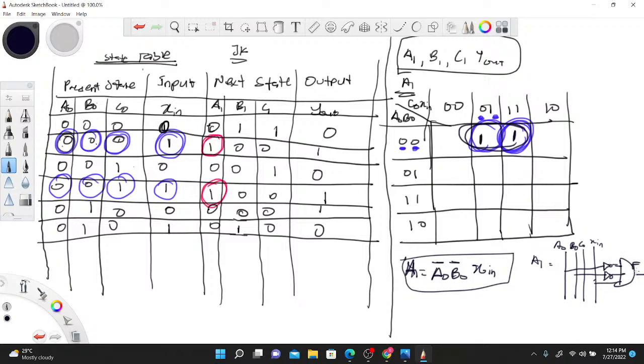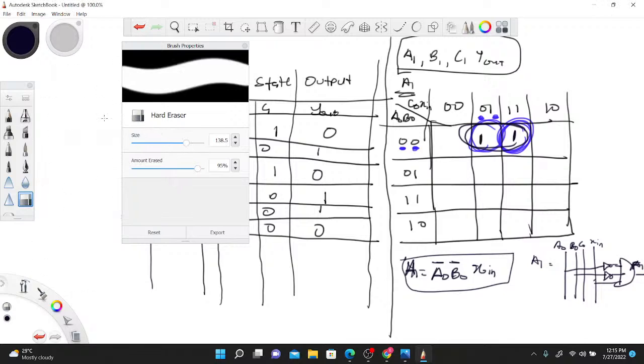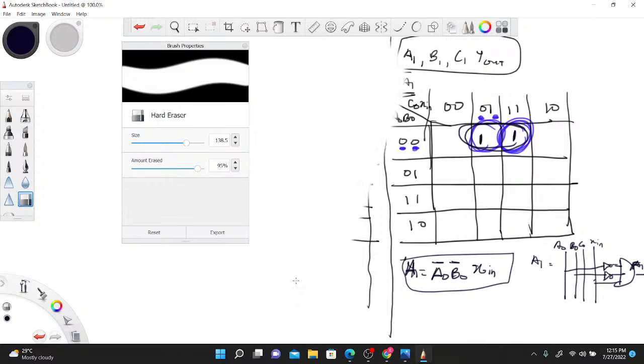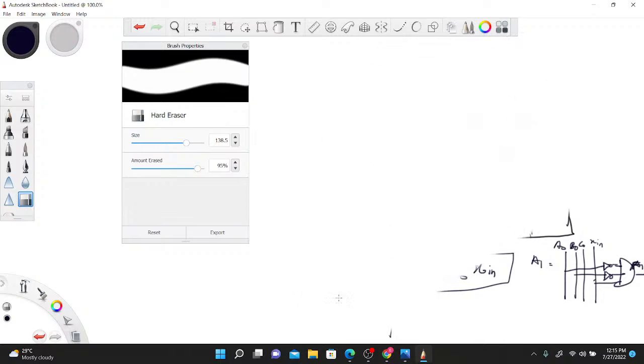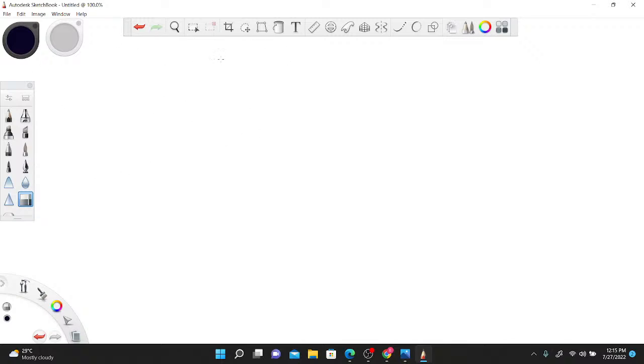And this gives you A1. And then we feed this into our state register or flip-flops, in this case flip-flops, right? A1 is actually the input of the JK flip-flop. You understand? Okay.